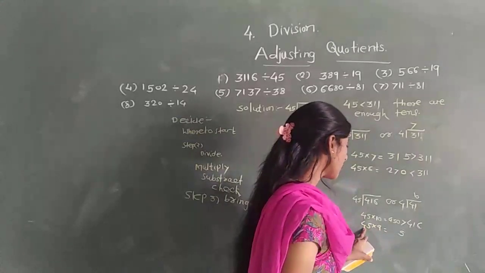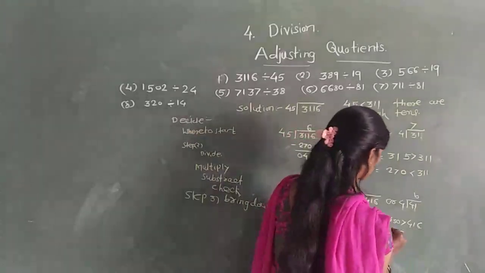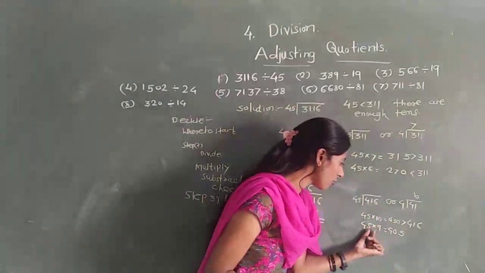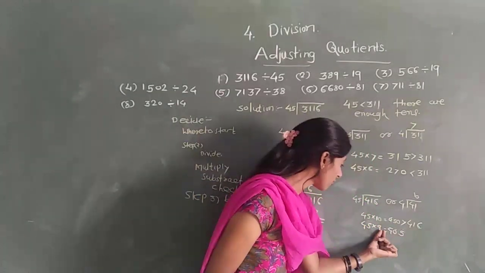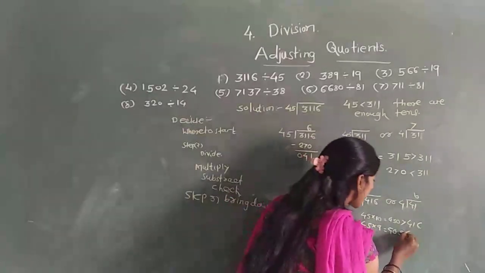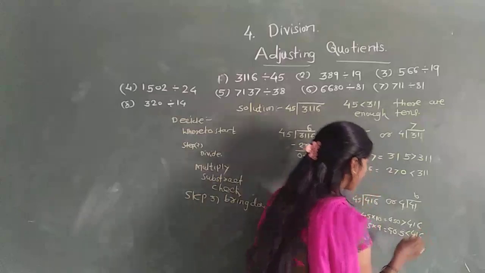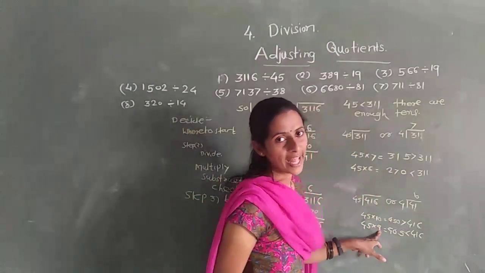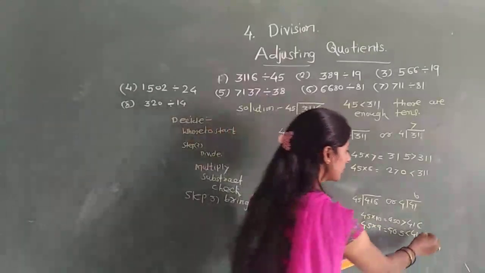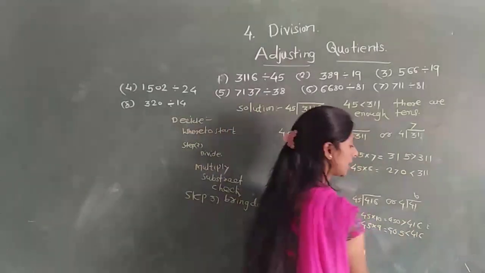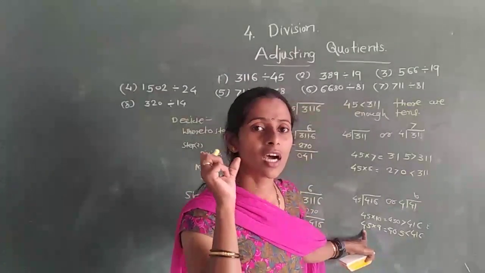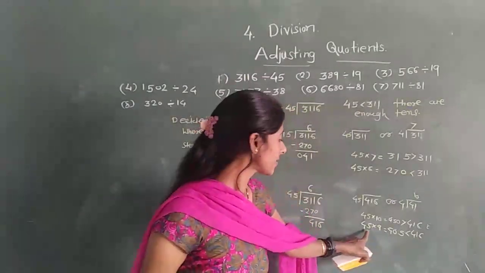45 into 9: 9 5s are 45, carry over 4, 9 4s are 36 plus 4, 40, that is 405, which is less than 416. That means the estimated quotient is 9. This is the adjusted quotient. Means the estimated quotient was very high, so we adjusted the quotient by trying a lower number, that is 9.